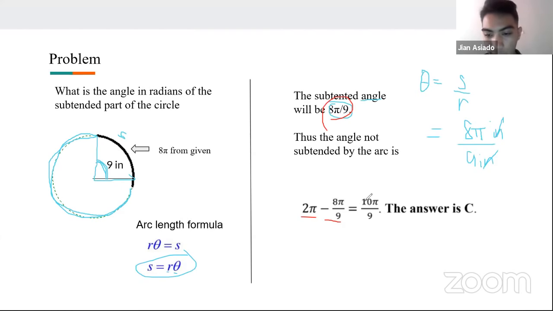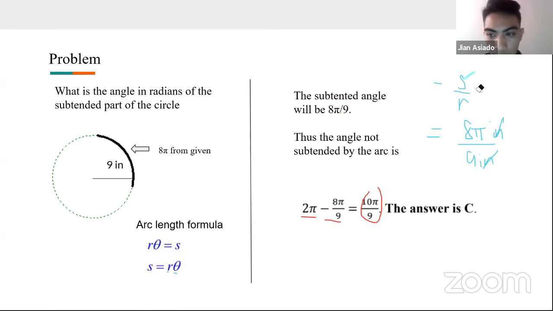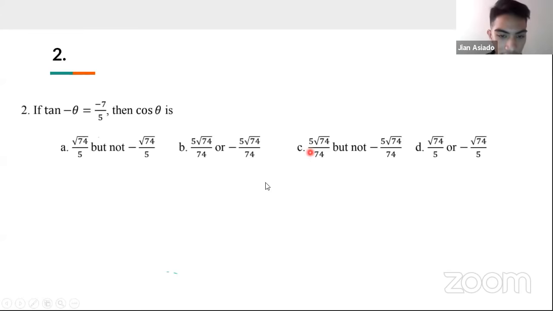So we get 10 pi over 9. Letter C. Okay, next. Ayan, letter C.